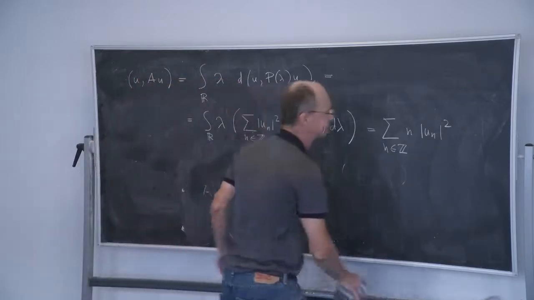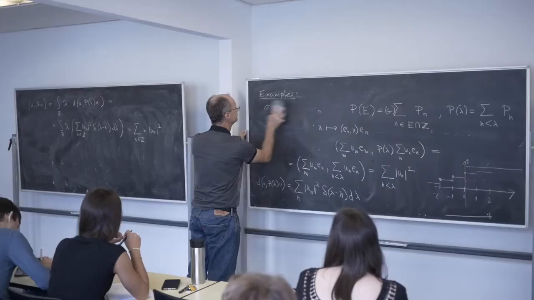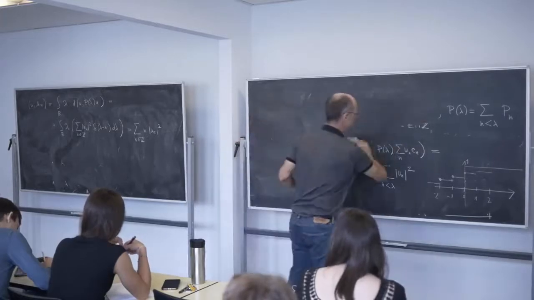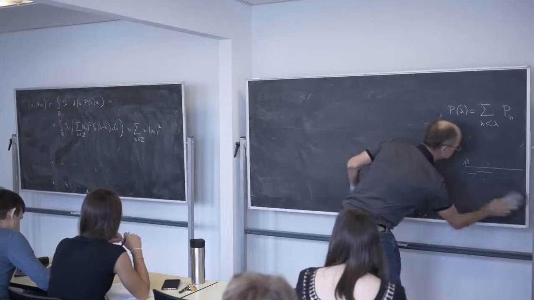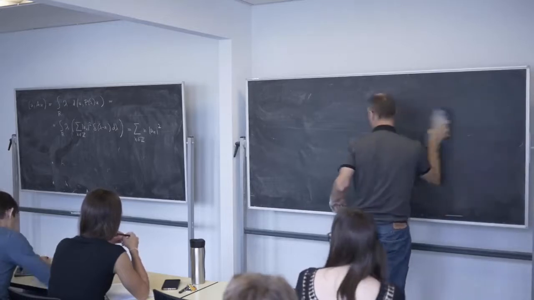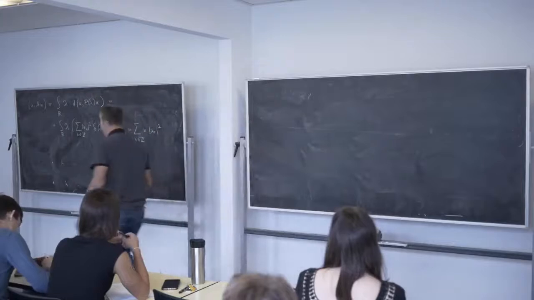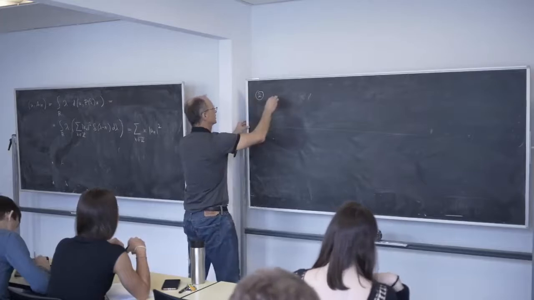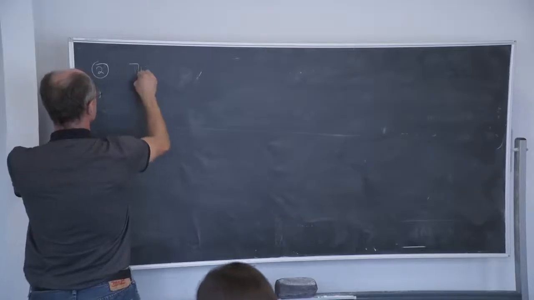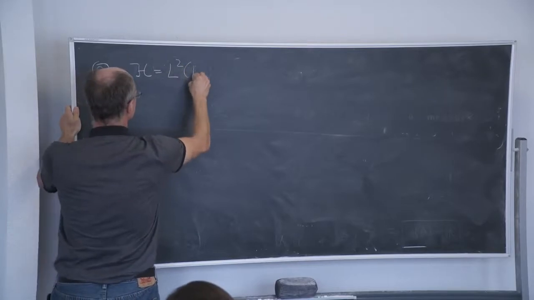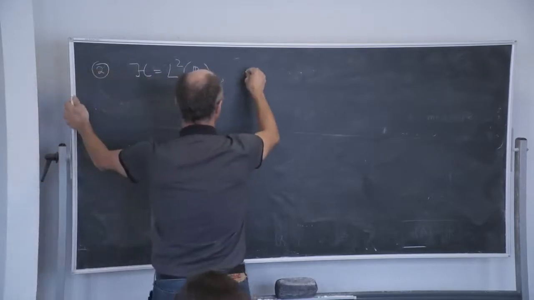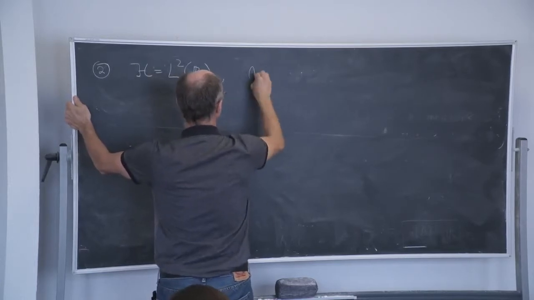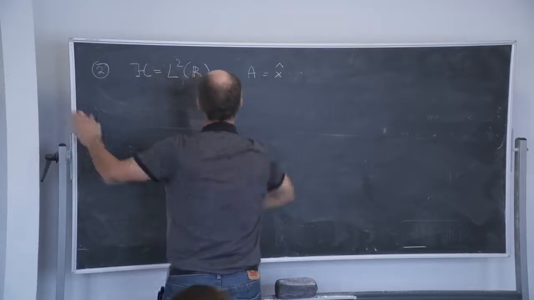Now let's look at this second example. So this was H equal to L2 of R, and A equal to x.